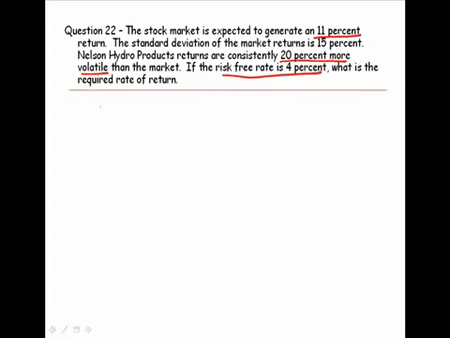Let's start with our formula. R sub I, the required rate of return, is equal to the risk-free rate plus the return on the market minus the risk-free rate, times the beta of the asset. The risk-free rate is provided, it's 4%. The return on the market was given as 11%.